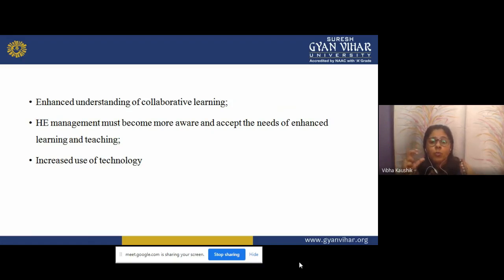Means they should be aware and accept that there is a need of improvement in learning and teaching when we are talking about higher education. Increased use of technology means we have to increase the use of technology in the teaching learning process. That will definitely make our teaching learning process more effective. The students will learn better.